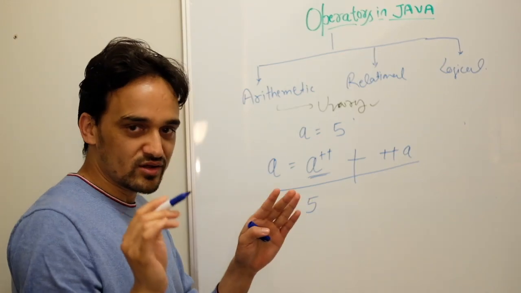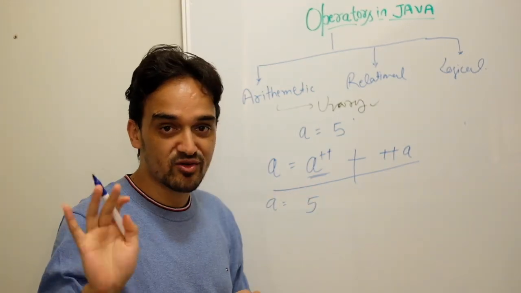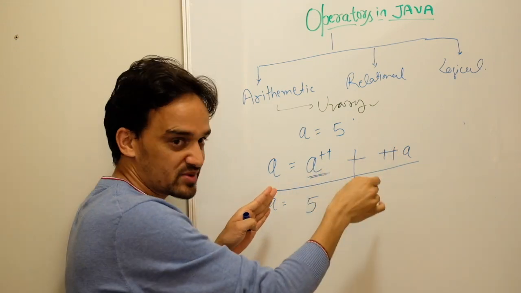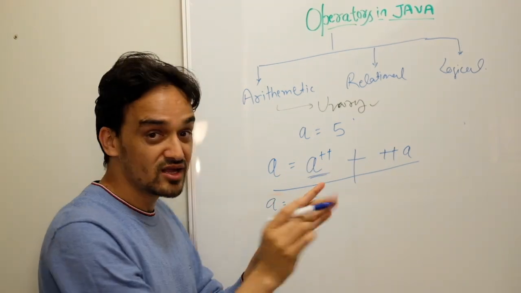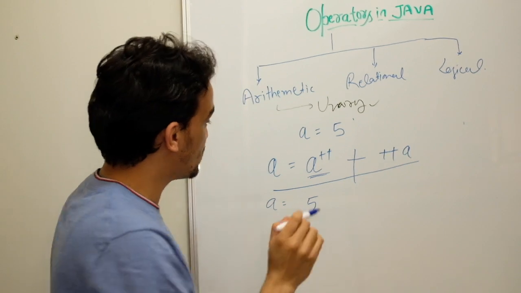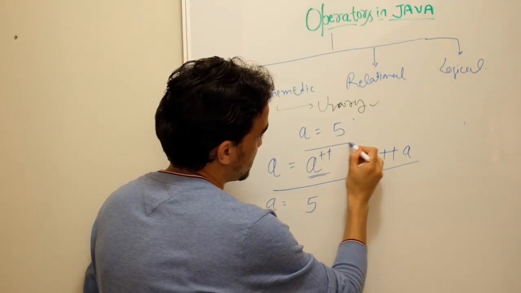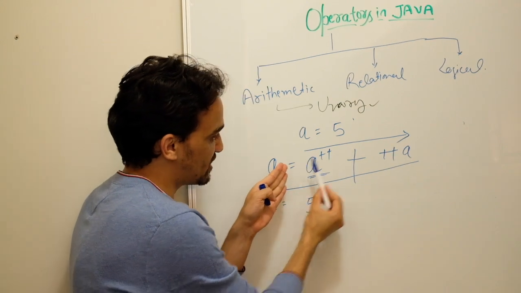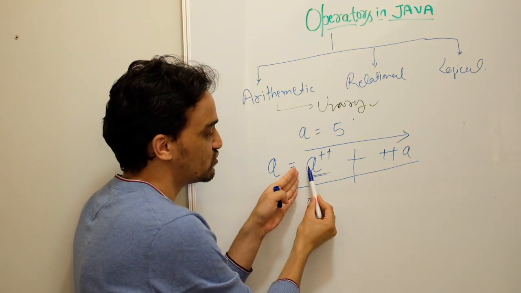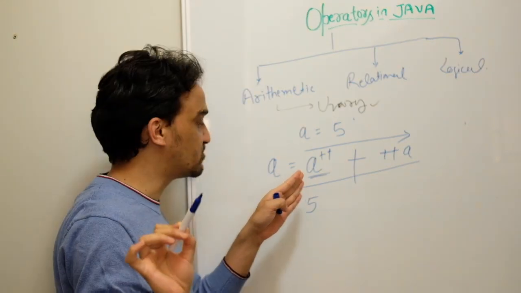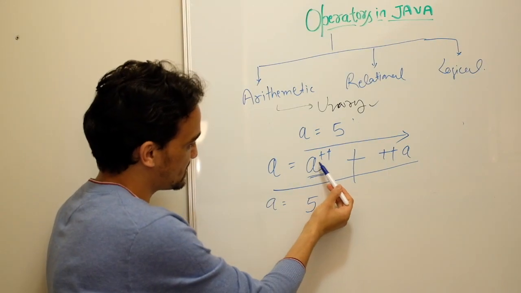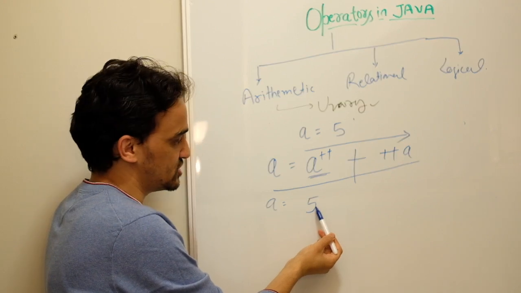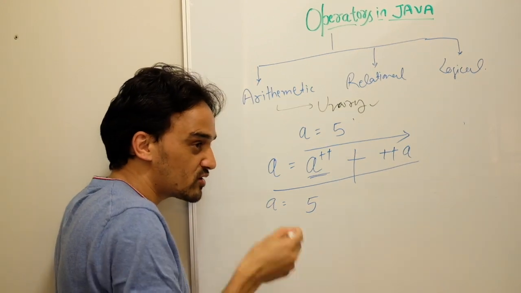Before going further, there is a very important thing: all the arithmetic expressions in this situation will always be evaluated from left to right. This is very, very important. So A is 5 here, and since it's postfix, the value will not get changed before the assignment.